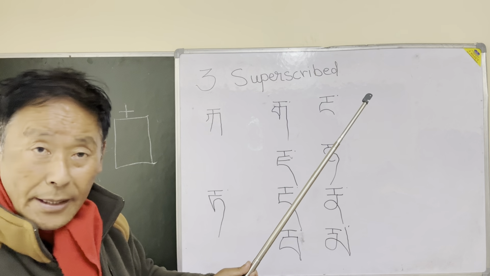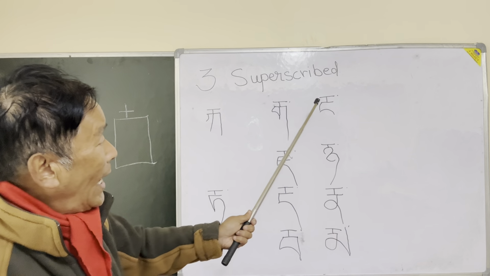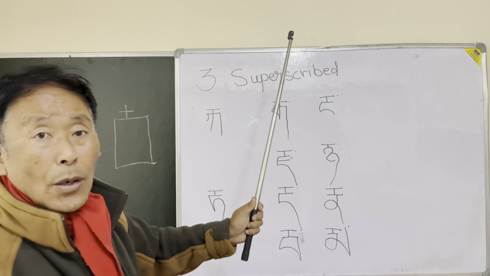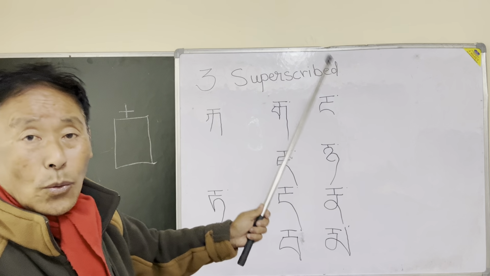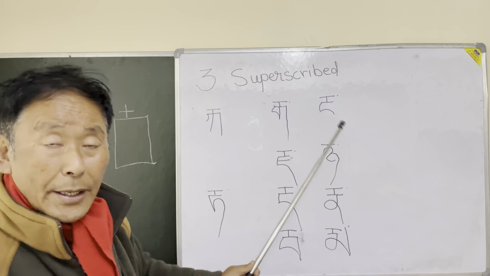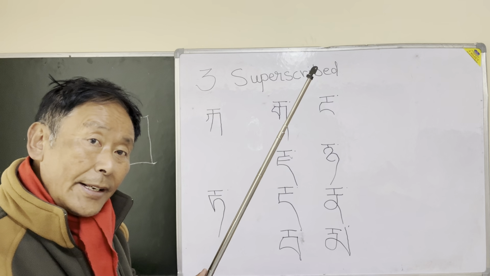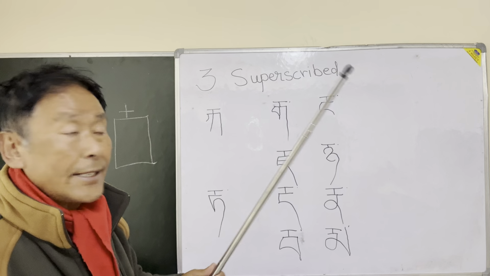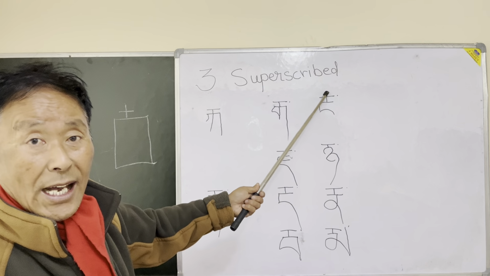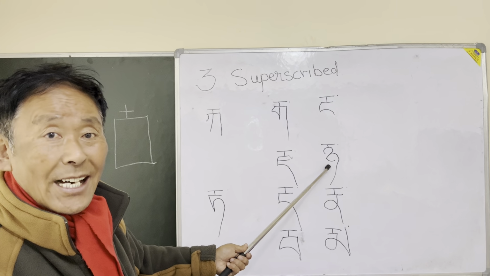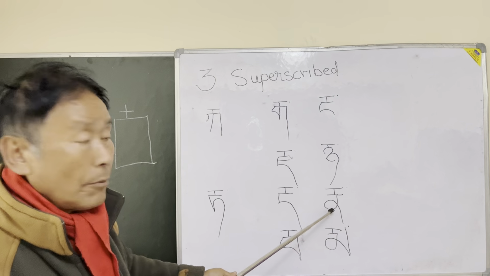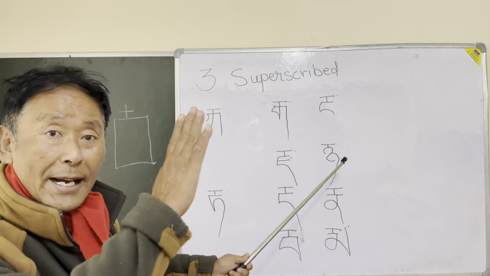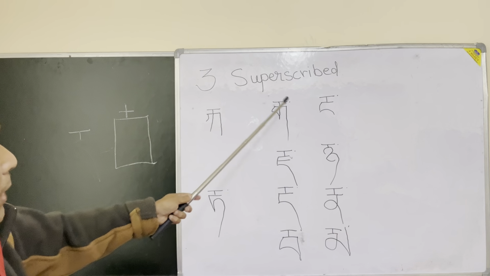So, in brief, if you add a superscript on the consonants which are in the fourth column, then it raises the tone of the consonant from na to nga, from nya to nya, from na to na, from ma to ma.